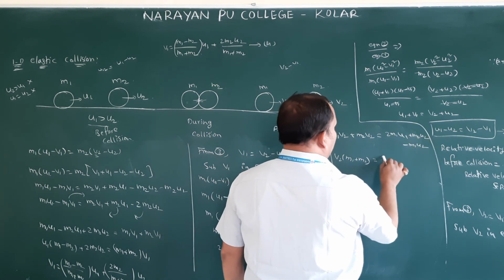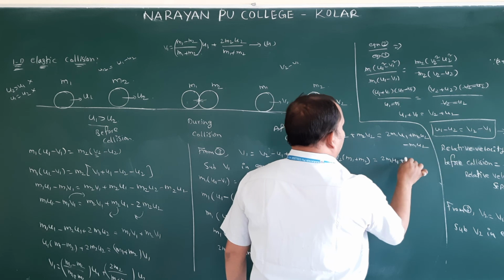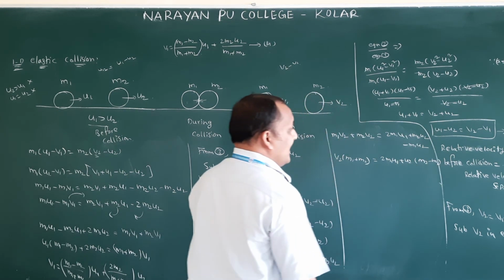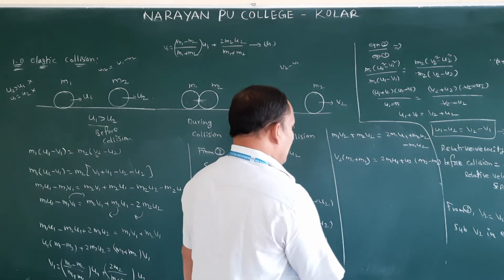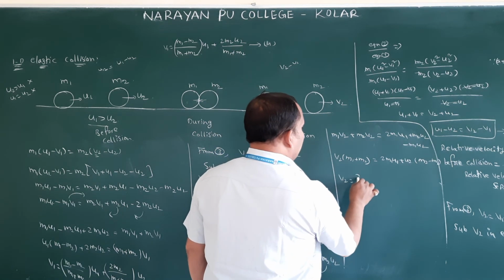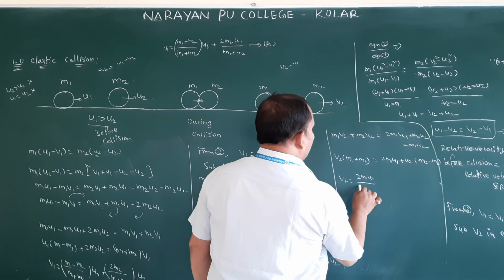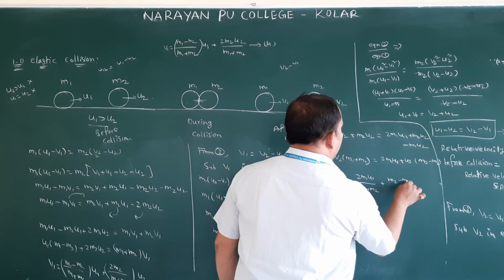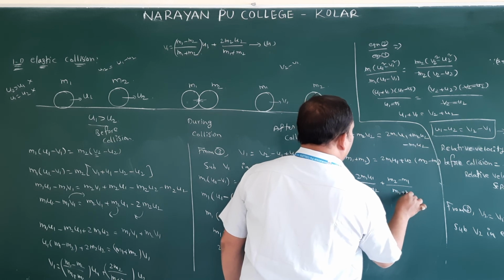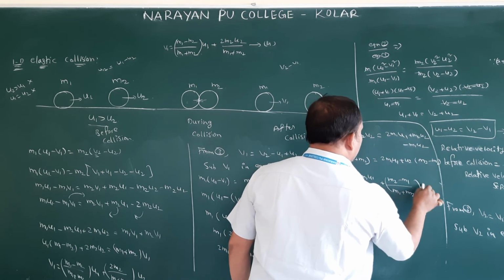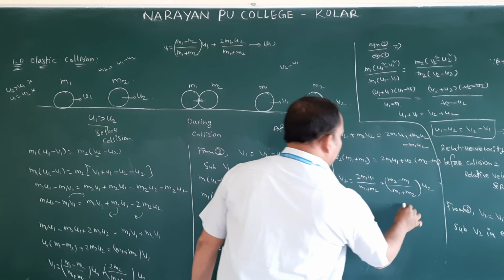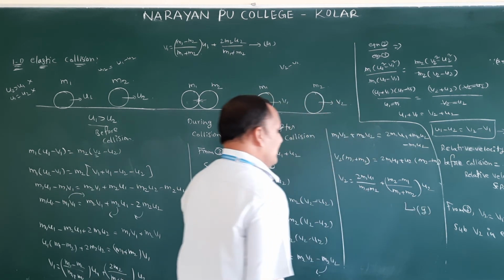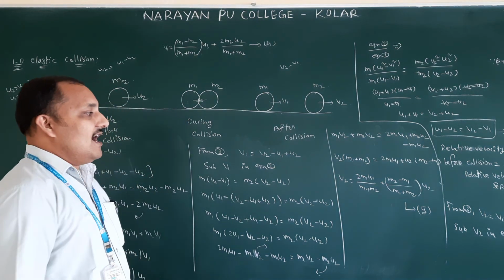Here u2 is common: 2m1 u1 plus, u2 is common means m2 minus m1. Correct only? Then v2 is equal to 2m1 u1 by (m1 plus m2) plus (m2 minus m1) by (m1 plus m2) into u2. Call it as equation number 5. This is the final velocity after collision.